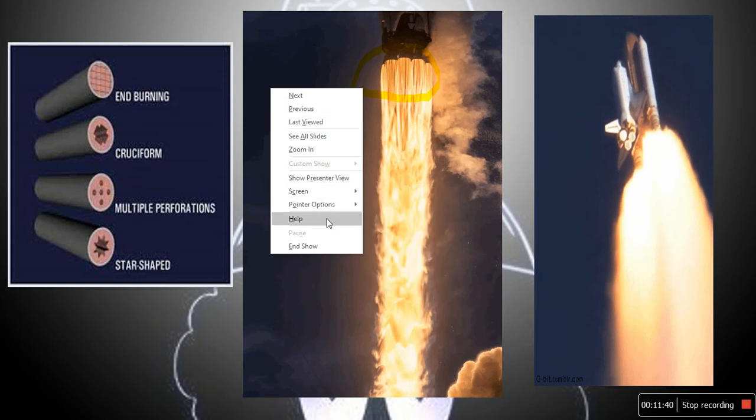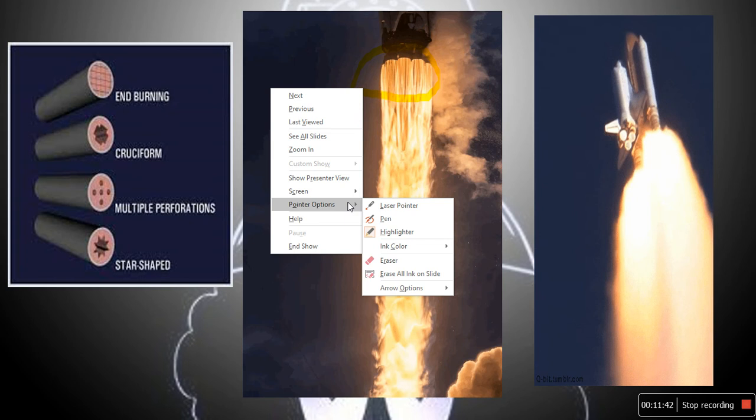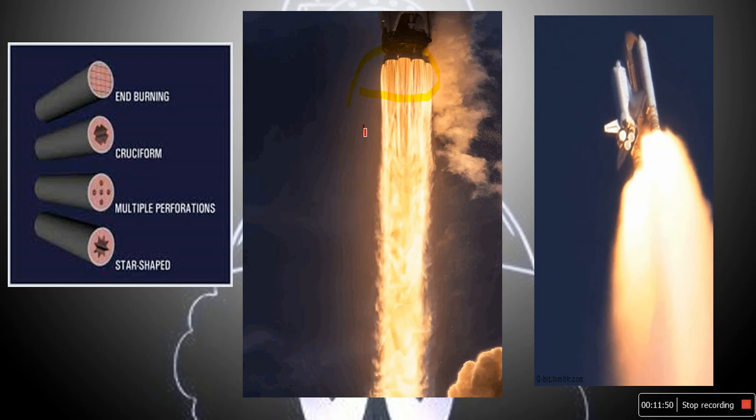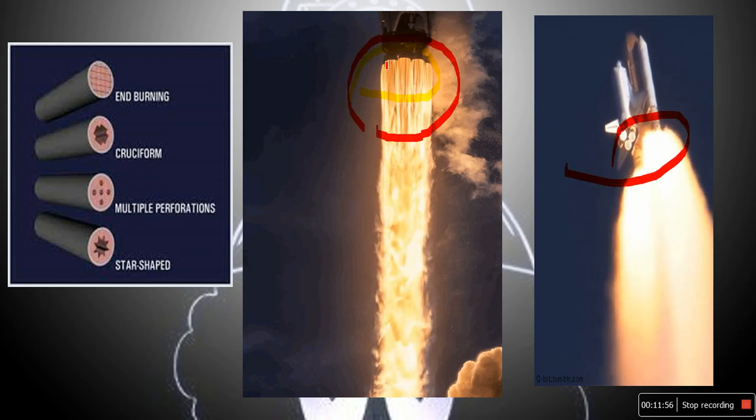I changed the highlighter color so you can easily understand. Here they are the solid propellants, and they produce high thrust, and at the end there are the nozzles.